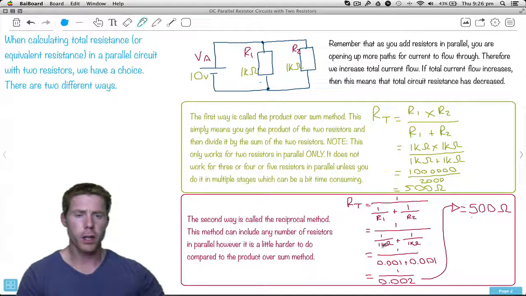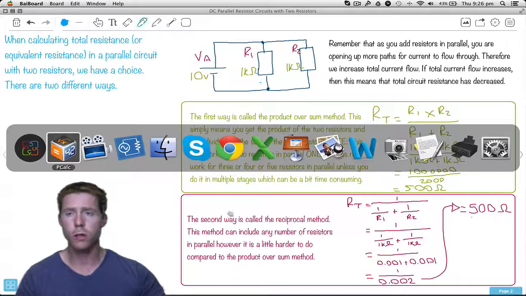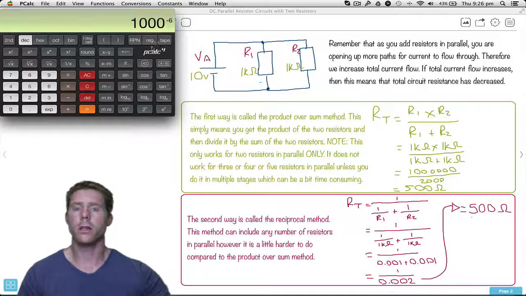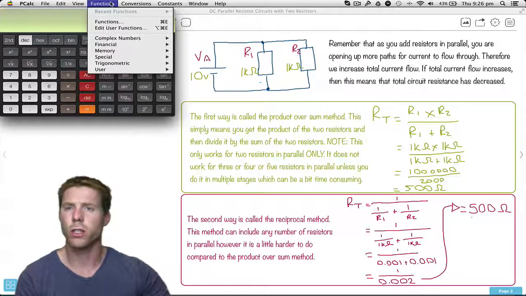1 divided by 1K is going to give us 0.001. 1 divided by 1K, same thing, 0.001. We add those two together, we get 0.002, so we can do these things on the calculator here. 1 divided by 1K is going to be, now unfortunately the calculator sometimes gives me some annoying numbers.